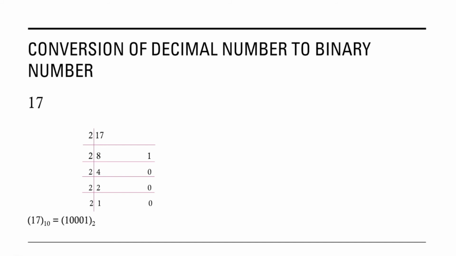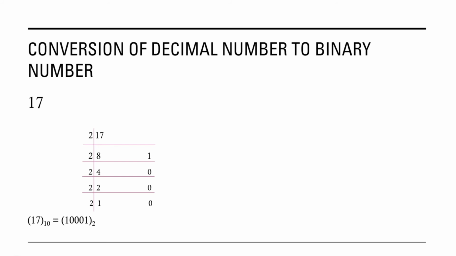Now let us see the conversion of a decimal number to a binary number. In this conversion, we have to divide the given decimal number by 2 and write the remainder on the right hand side. Then the next quotient again we divide by 2, again writing the remainder on the right hand side. This process has to continue until we get the quotient as 1.